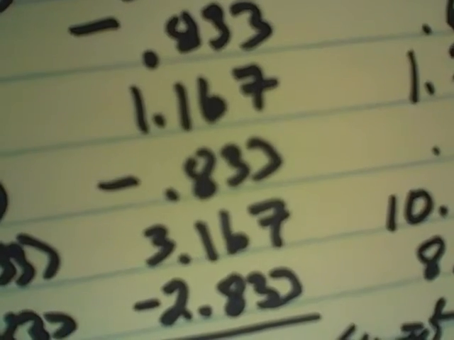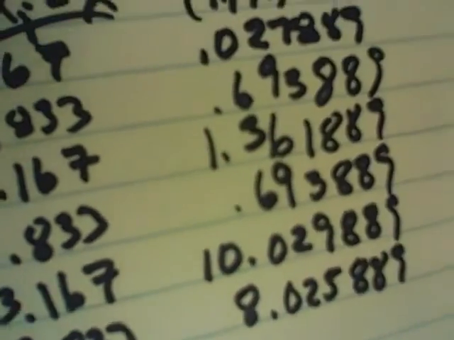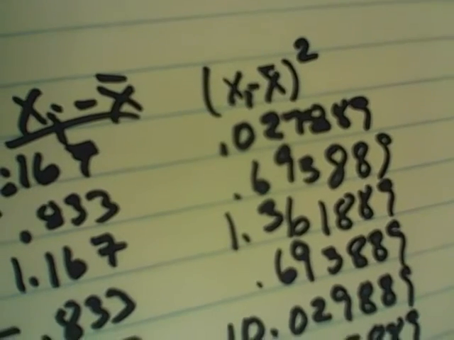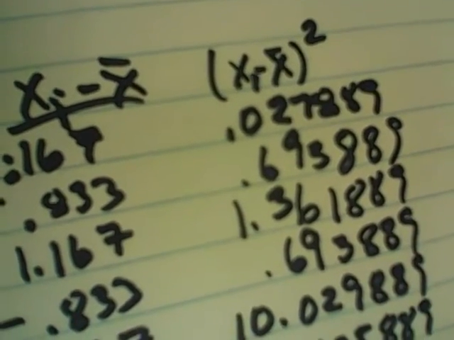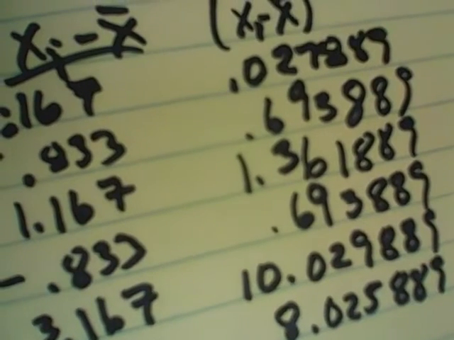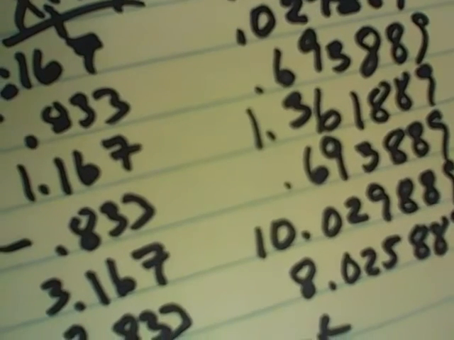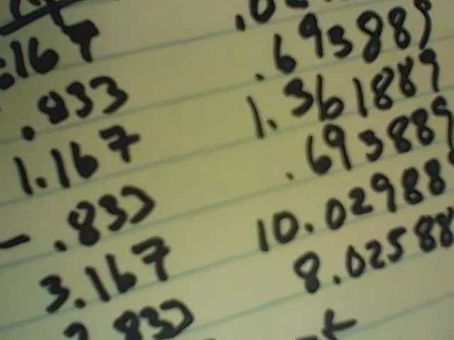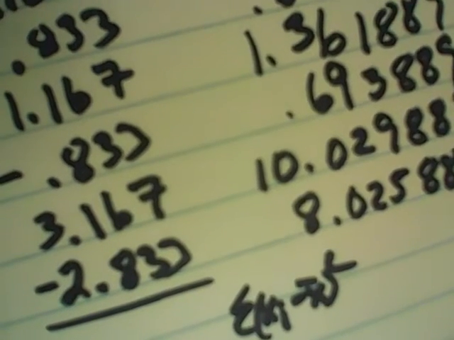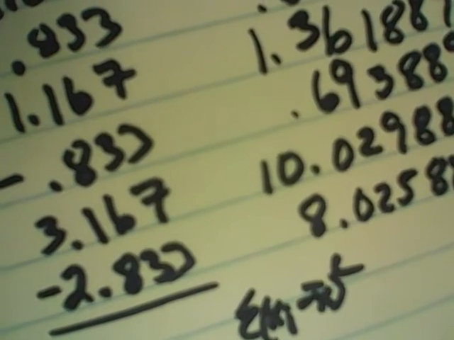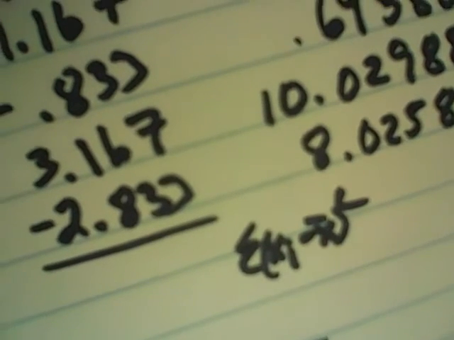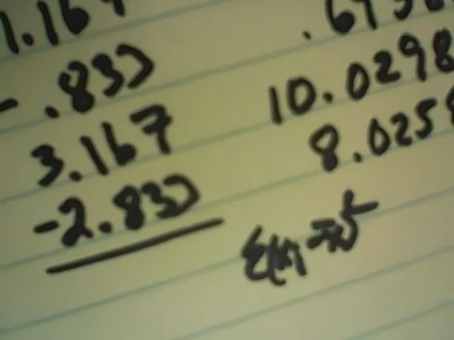All right, let's double check that. 0.027889 plus 0.693889 plus 1.361889 plus 0.693889 plus 10.029889 plus 8.025889, and that's what we've got.